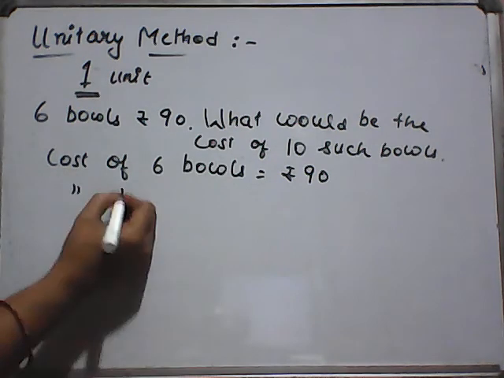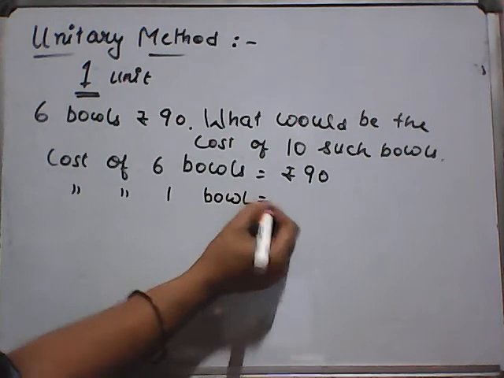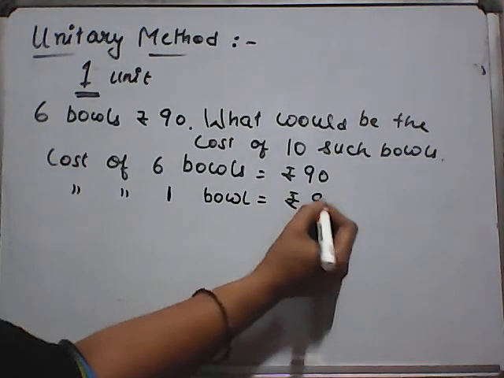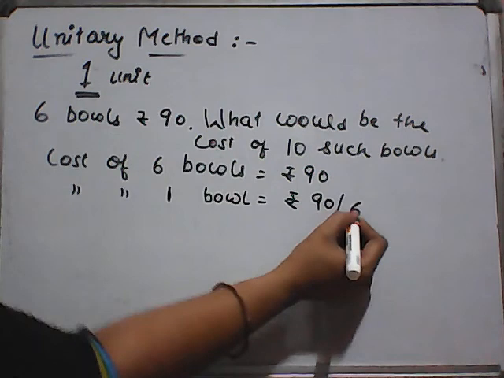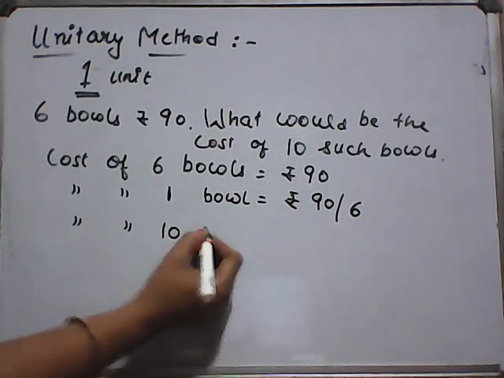So, the cost of 1 bowl is equal to 90 divided by 6, because when we have to find 1, then we divide. Now, we have to find out the cost of 10 bowls.